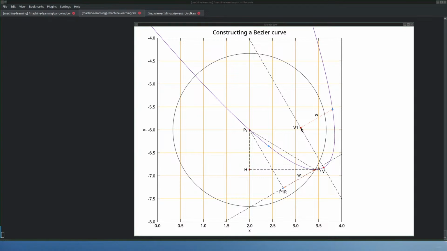Yeah, I think from this point to there. So from V to V1, that would be S. No, that's V. I already called this one V. Point V. Can I have a point V and a vector V?